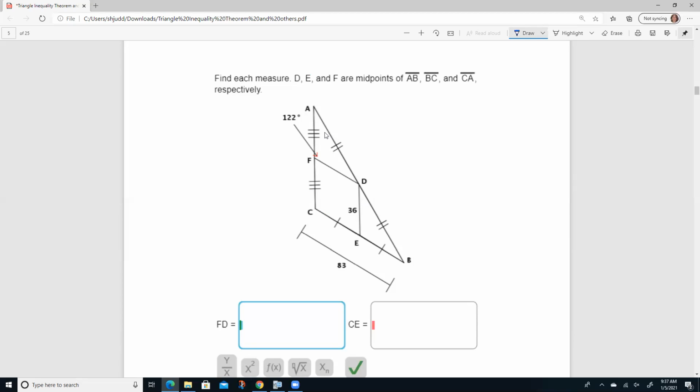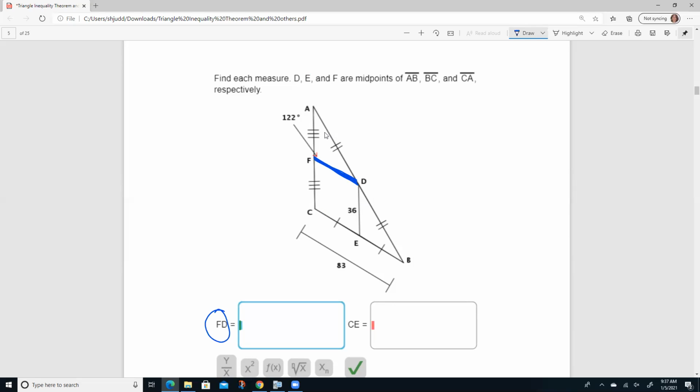We want to find the measure first of FD. Okay, so from F to D is right here. What information might we have?